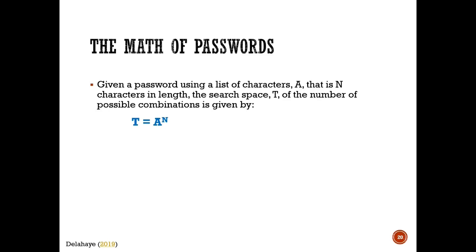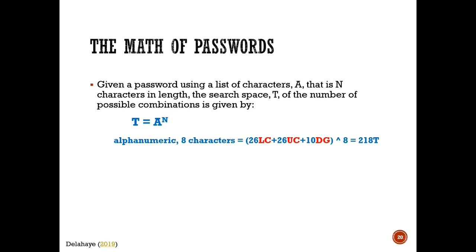If we use a standard 8-character password with lowercase and uppercase letters and numbers, we get 62 possible characters, 26 lower, 26 uppercase, and 10 digits, to the power 8, because we have 8 characters in the password. This gives us a search space of 218 trillion possibilities.